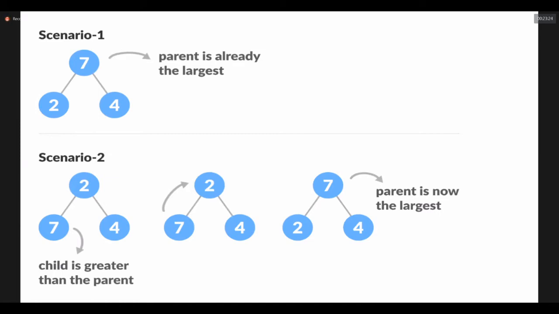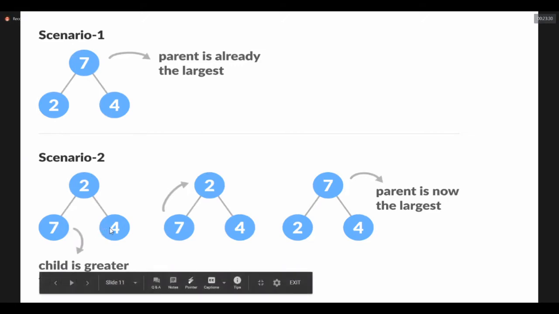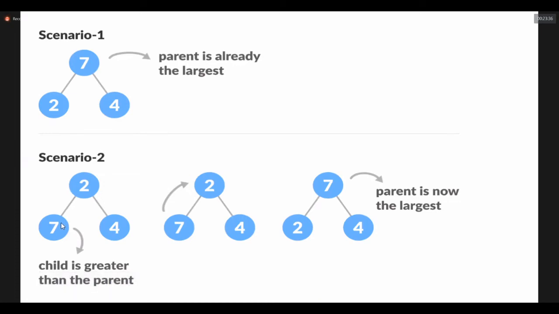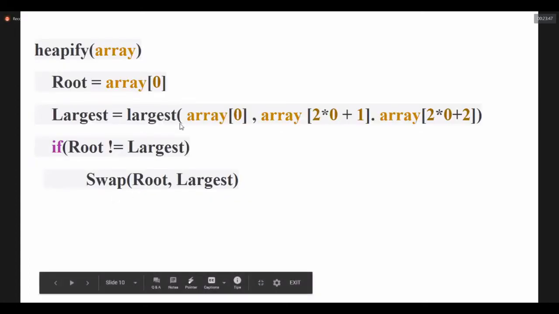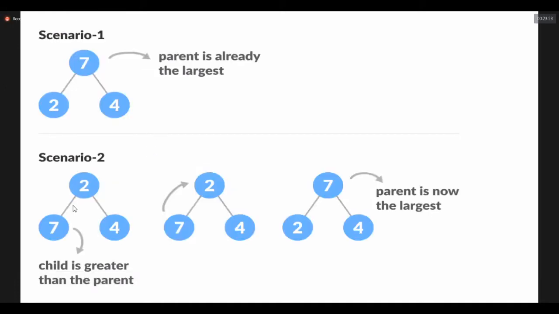In the second scenario, here 2 is the root node, 7 is the left child, and the right child is 4. Among 2, 7, 4, which one is the largest? The left child is the largest, so 7 is the largest one. So what is the step? First find the largest. Next compare whether the root is the largest or not. Here the root is 2, the largest value is 7.